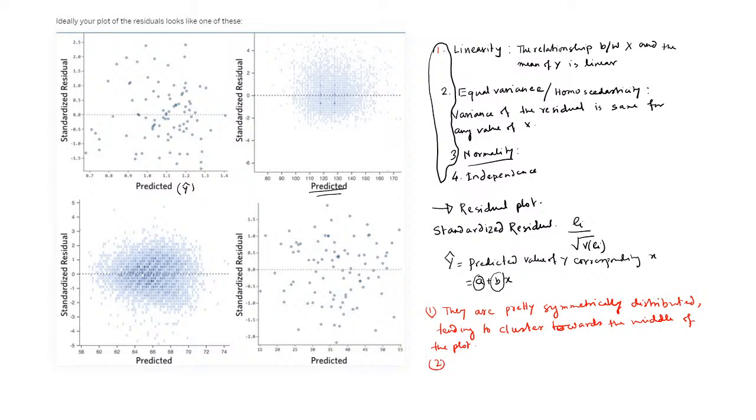And also you observe that they are clustered around the lower single digits of the y-axis, that is, for example, 0.5 or 1.5, and also we observe that there are no clear patterns.